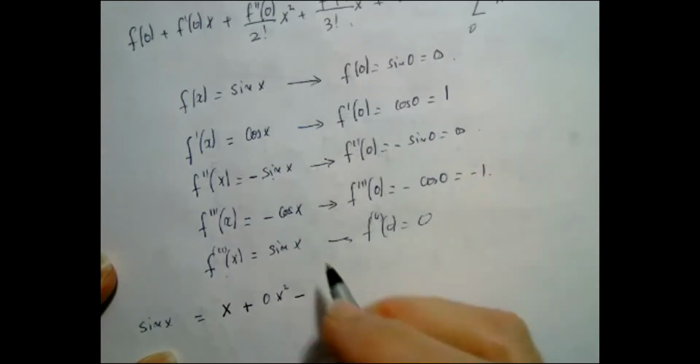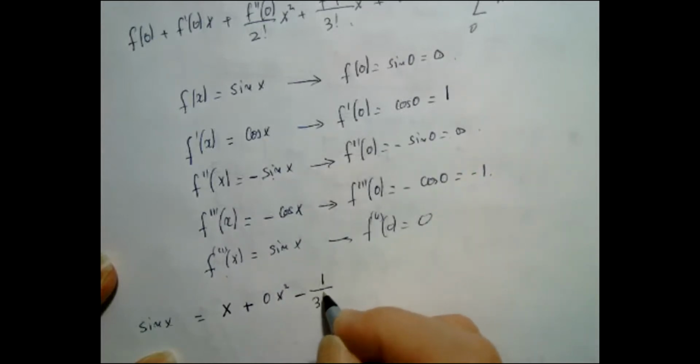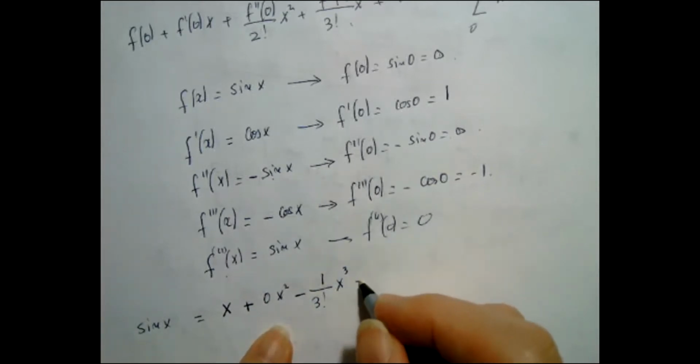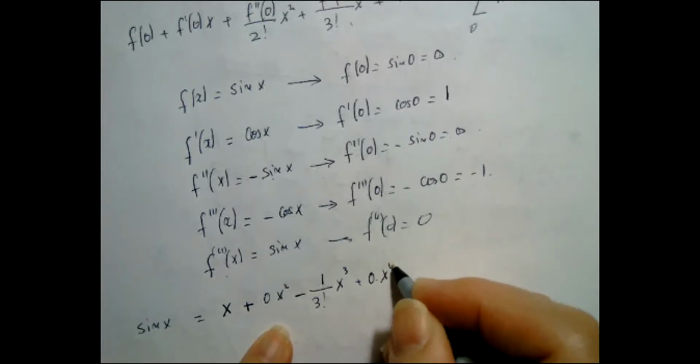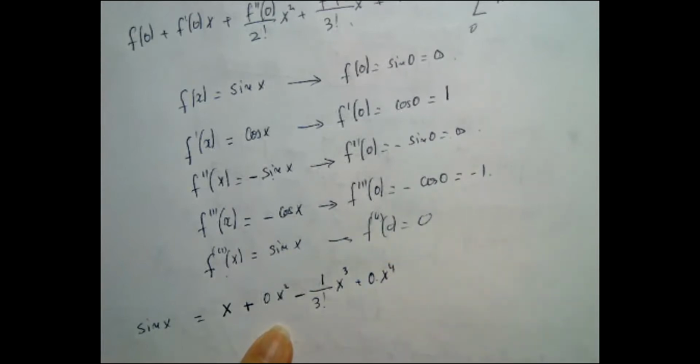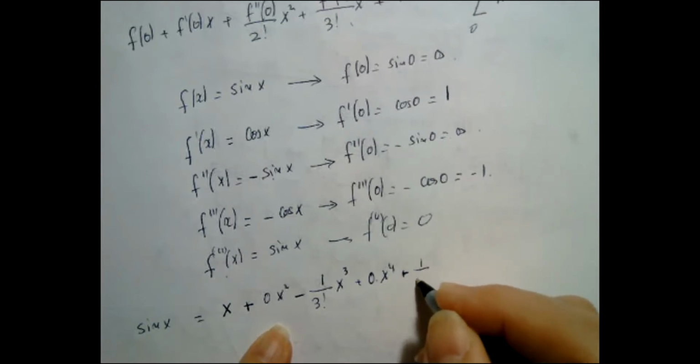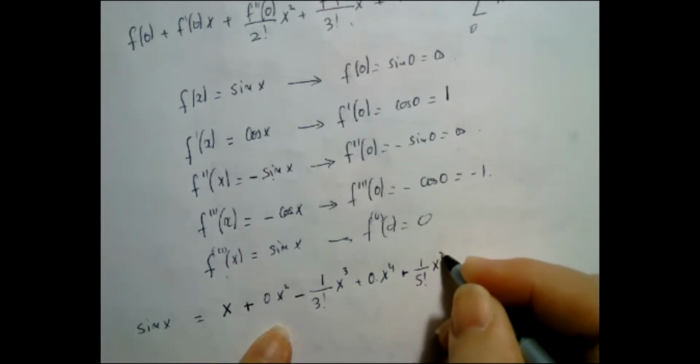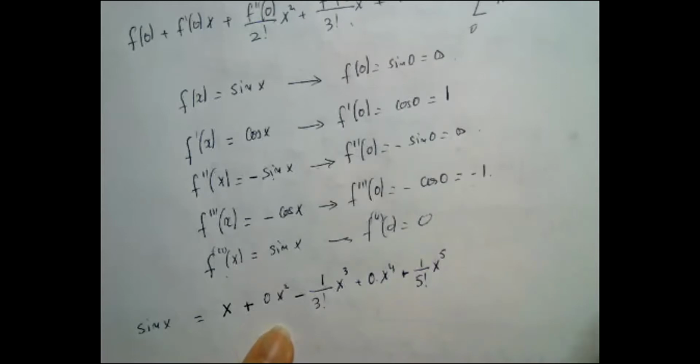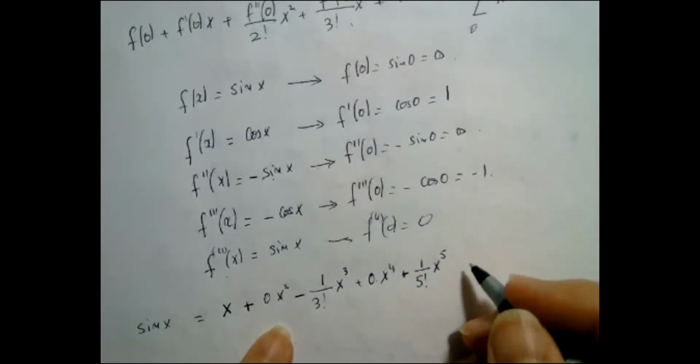minus 1 over 3 factorial x cubed. Okay, and then for x to the 4 we're going to have a 0, as we realized, and then it's a positive term, the pattern, but now it's going to be 1 over 5 factorial x to the power 5. I'm going to write 2 more terms, and then I'm going to write it in sigma notation.